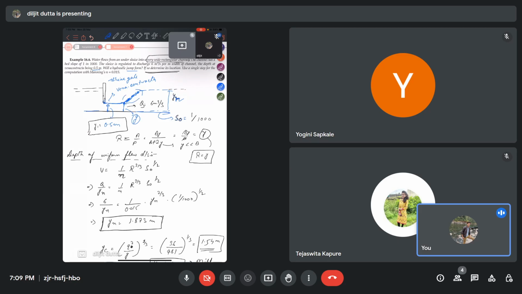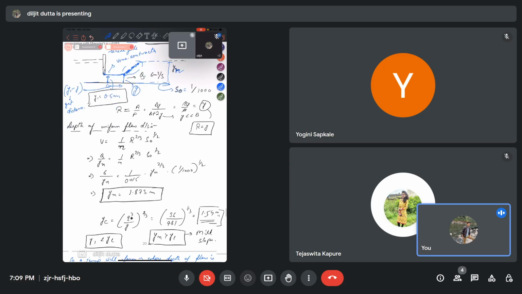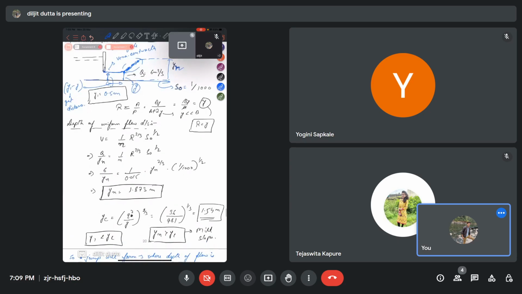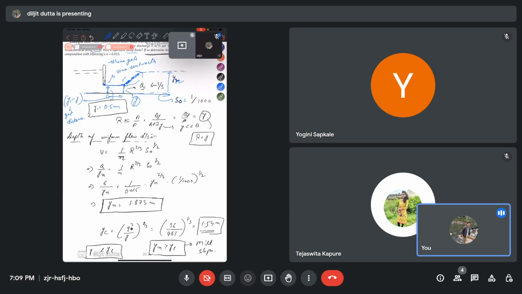So we have to find the distance between these two points, that is y1 and y. To get the distance, we first need to find what y is. So how can we find y?